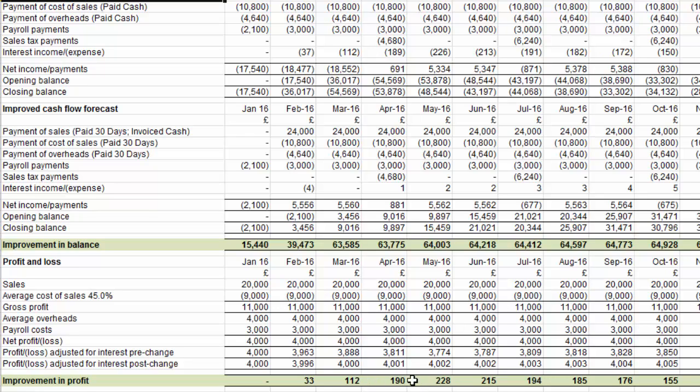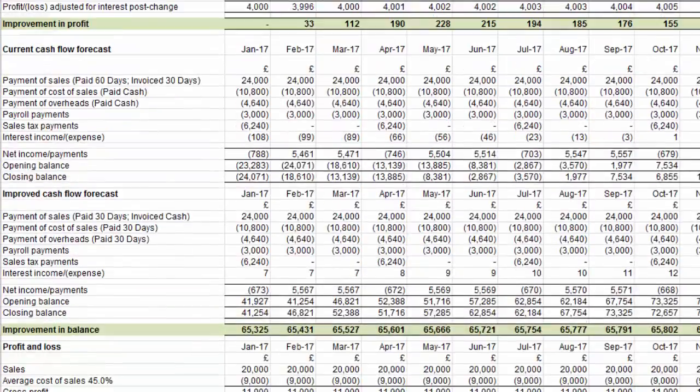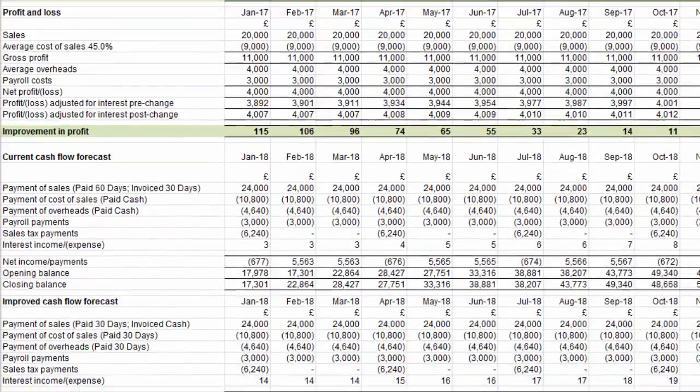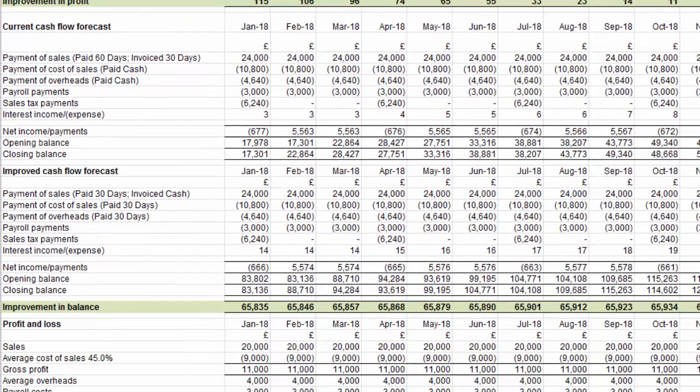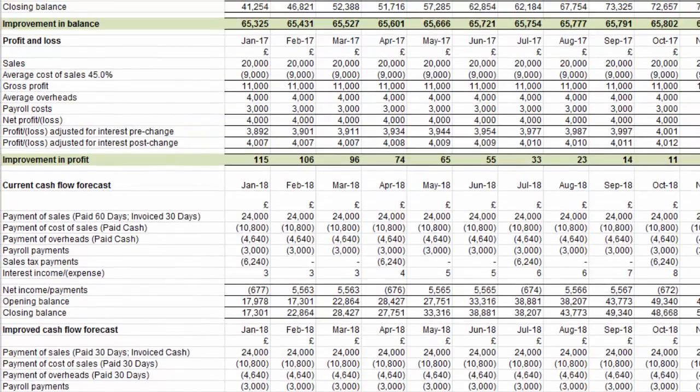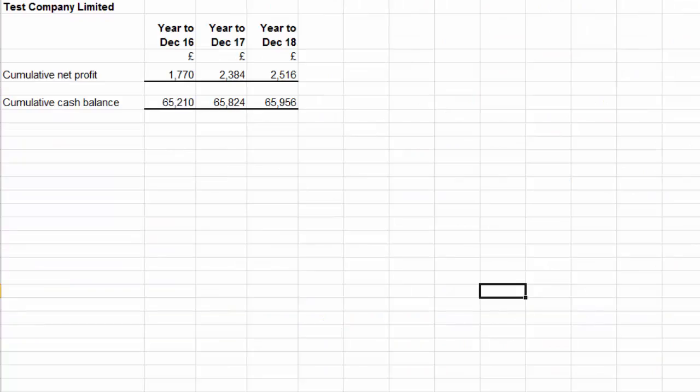That's your improved profit. Just so you know, this will forecast forward for 3 years, giving you your current cash flow forecast, your improved cash flow forecast, and then your profit and loss account in each case. And then there's a report giving you the summary of the benefits.